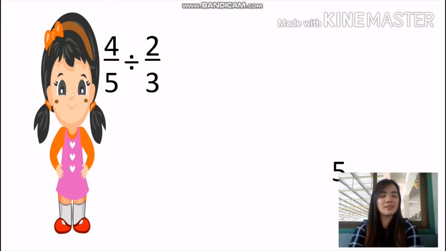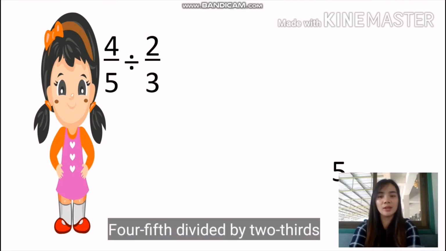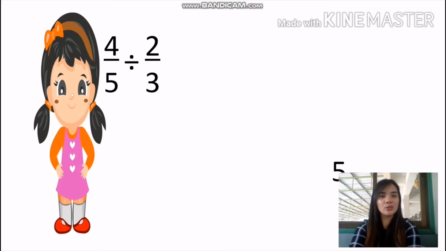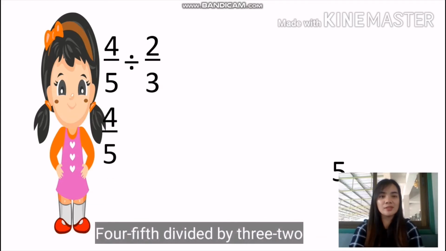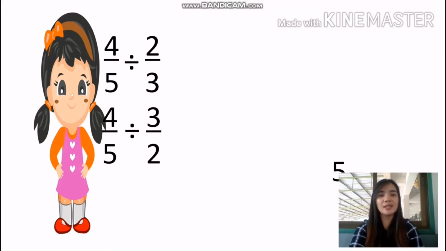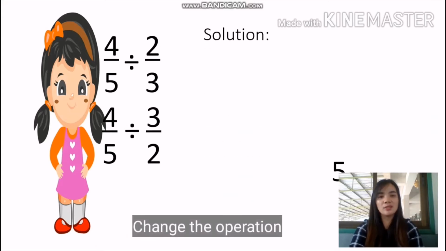Okay, how about this example? 4/5 divided by 2/3. First thing to do, we need to find the reciprocal of 2/3. So 4/5 divided by 3/2. Then we need to change the mathematical operation.